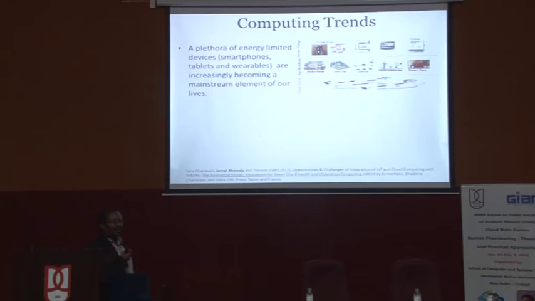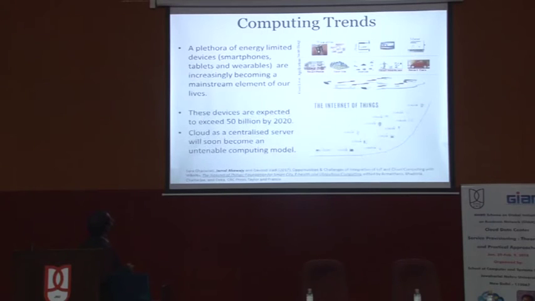All these applications will use cloud computing. And so, as I said earlier, in excess of 50 billion devices are expected to hit the cloud in a couple of years. And so, because cloud tends to be one big data center, it will not actually be able to handle this increase.